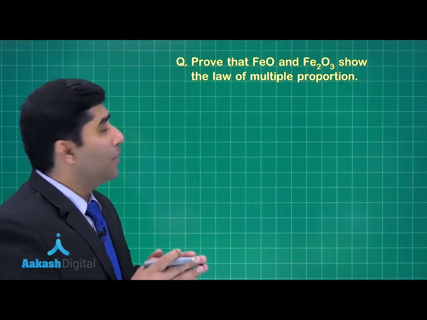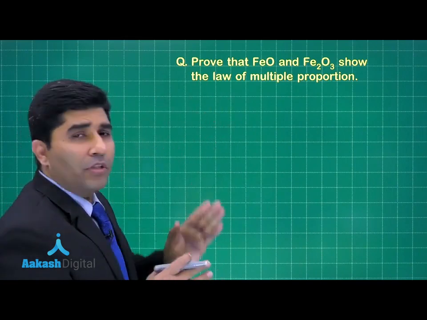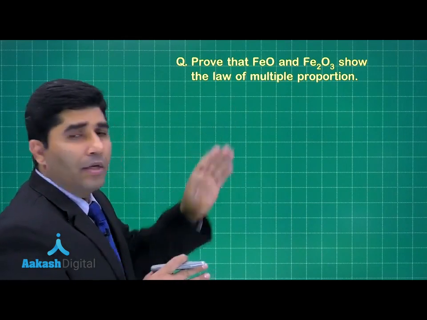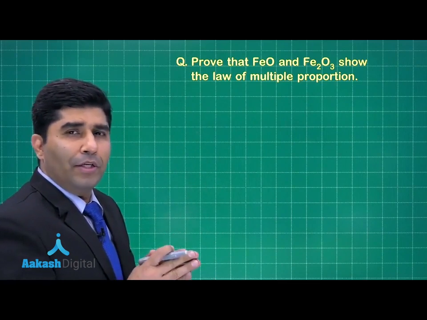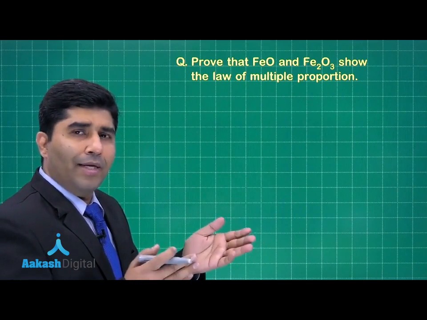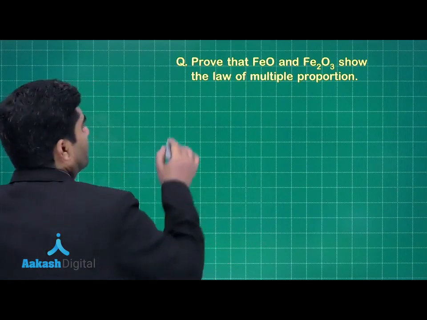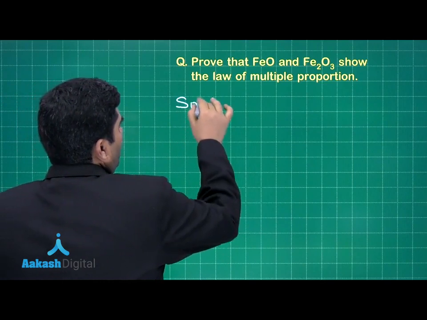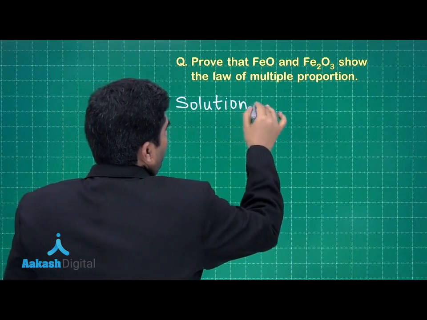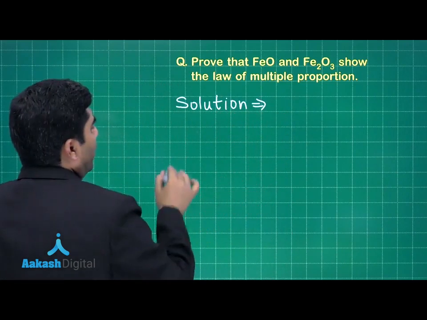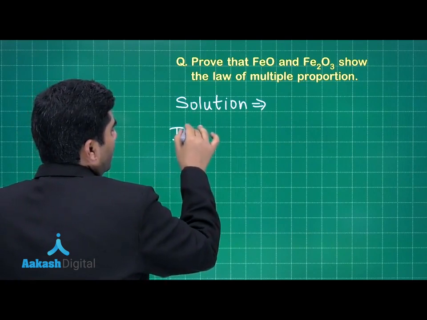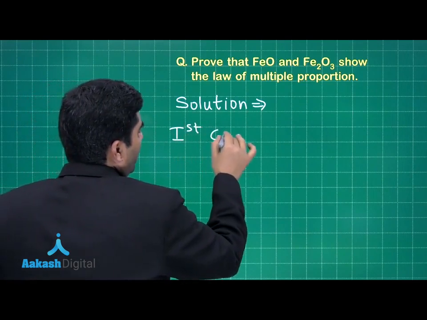Or we can prove that for the fixed mass of oxygen, the ratio of the mass of the iron in these compounds is a simple whole number ratio. So whether you take iron or you take oxygen, right? Now let's solve it. Solution. Let us consider ferrous oxide as our first compound.